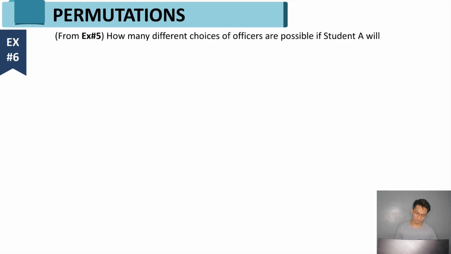The question, from example number 5, how many different choices of officers are possible if student A will serve only if he is the president? Si student A ngayon merong kondisyon. Sabi ni student A, papayag daw siya na maging officer kapag president lang siya. So, yun lang. Ang gusto ni A, president siya.